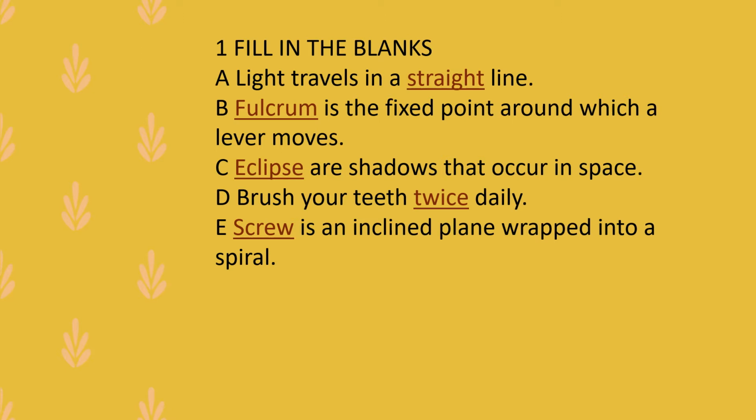The answer is straight. Children, light from a source travels in a straight line. This property of light to travel in a straight line is called rectilinear propagation of light.